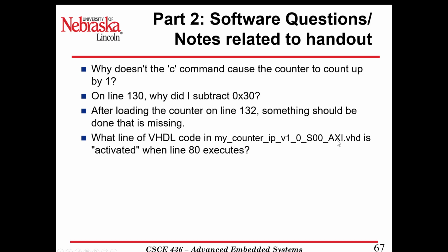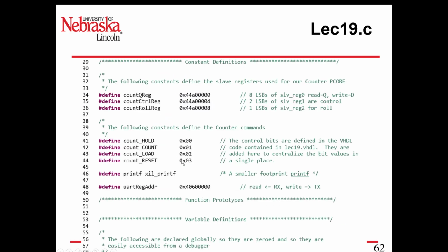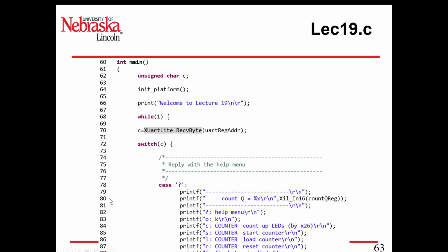What line of the VHDL code in the IP is activated when line 80 executes? 80 executes, reading the Q, what line? When we're reading that count Q register, think back to your handout.